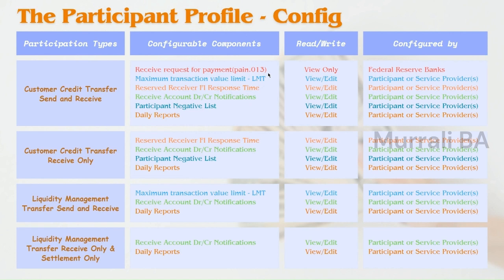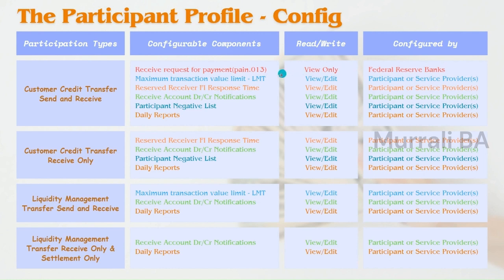That is the receive request for payment, and this is always view only because this is one of the services that FedNow offers and you cannot edit it. You just have to go back to the Federal Reserve Bank or the support center to modify it. So it's always configured by the Federal Reserve Bank.